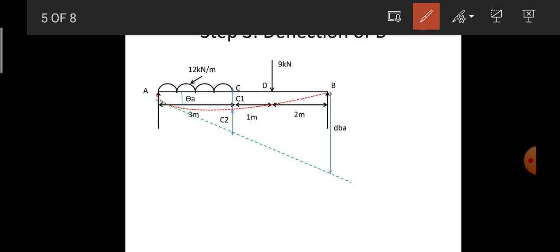If I draw the tangent through A, it meets at the point B, and if I draw the distance, it comes to be dBA. So dBA represents the deviation of B with reference to A, and theta A represents the slope caused by the deflected position of the beam due to the application of load.